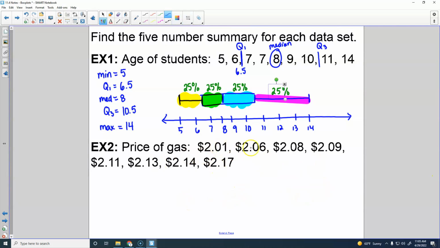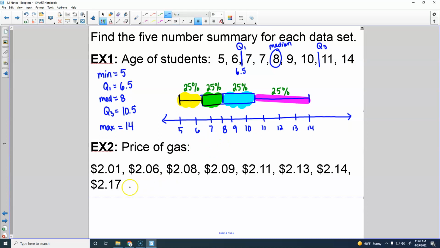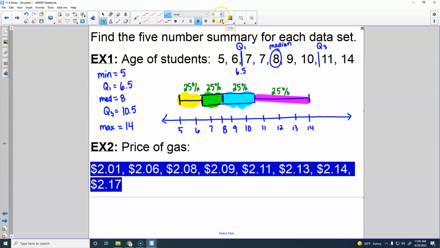All right, so price of gas. Let's do the same thing here. We've got 1, 2, 3, 4, 5, 6, 7, 8. So this time we have an even number. Let's make this a little smaller so they'll all be in one line.